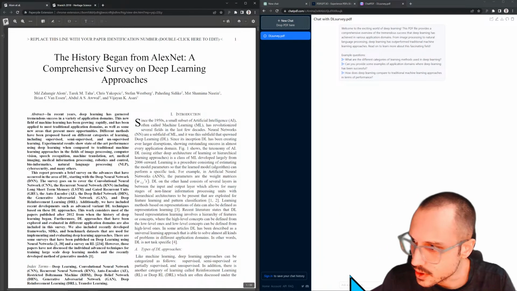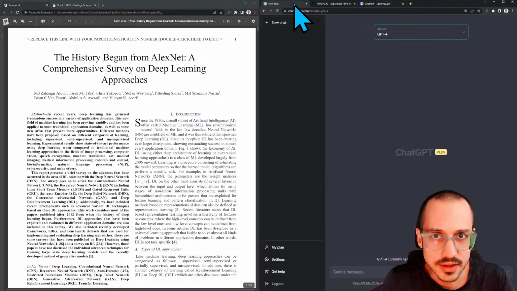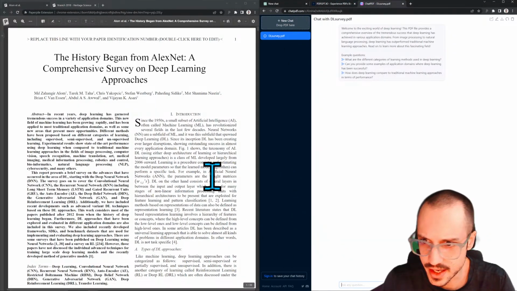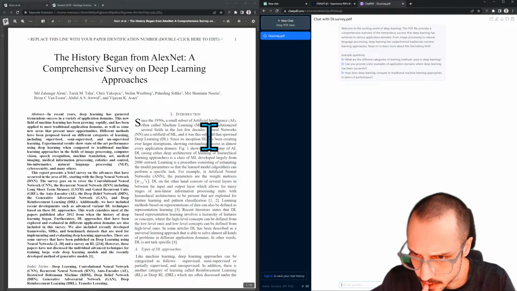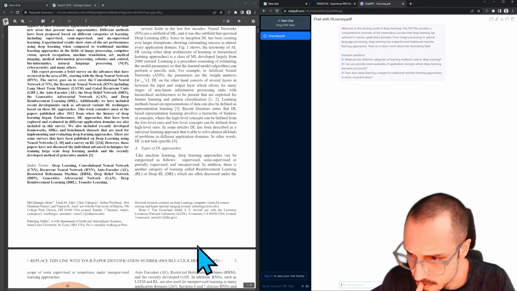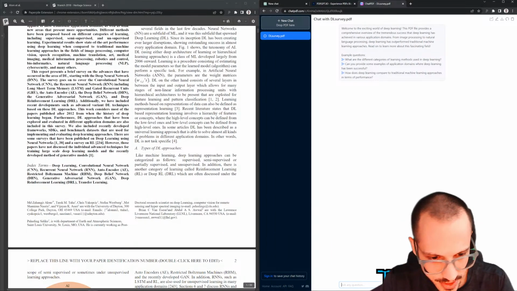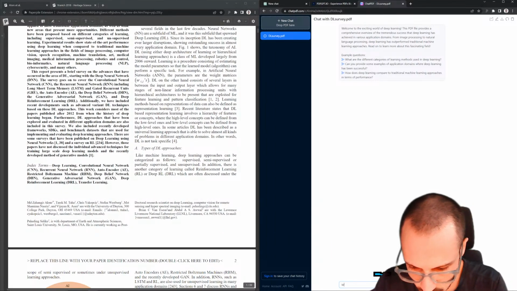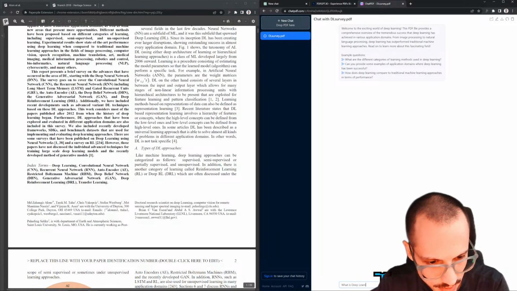Let's ask it for something a little bit generic. Let's start with an easy question. Let's say, what is deep learning in 2 sentences? What is deep learning in 1 sentence?